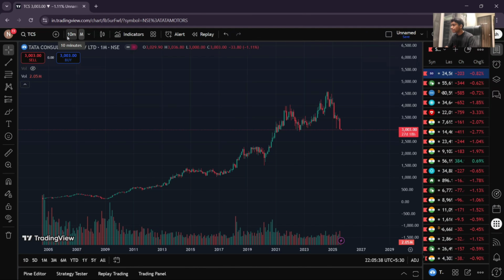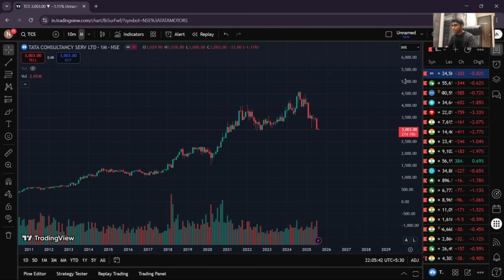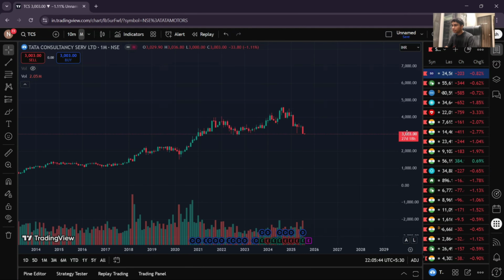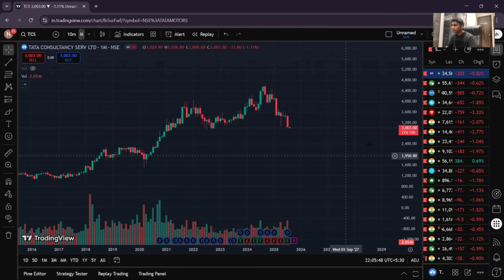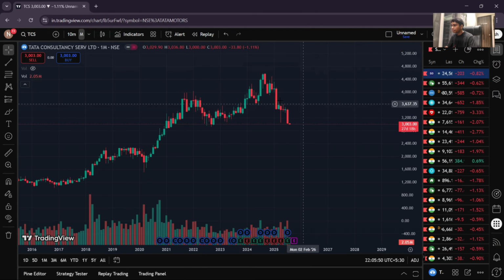Then this is the time frame actually. What happens is, see, there are multiple candles in it. I will explain what candles are also. But see, there are multiple candles. This is one candle, this is two candles, this is three. Over here, this is the time frame.